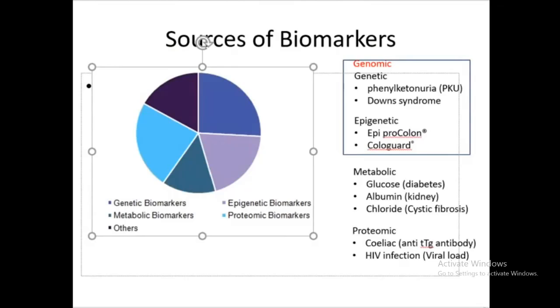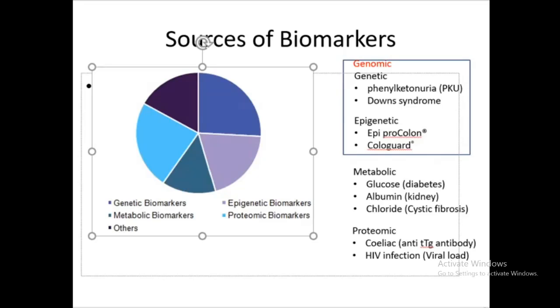So in terms of sources of biomarkers, you have your genomic or genetic markers. So for instance, you can measure mutation in a gene that's responsible for PKU. Essentially, you detect a mutation in a gene that's responsible for metabolism of phenylalanine, which is the main mediator of this disease.